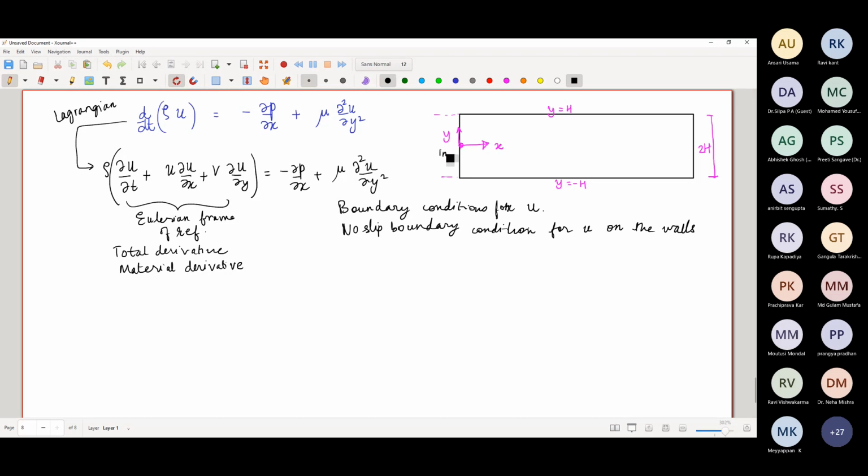I'm calling it inlet, but there is no inlet or outlet. I'll tell you why. These are the walls. So how can we mathematically describe the no slip boundary condition?